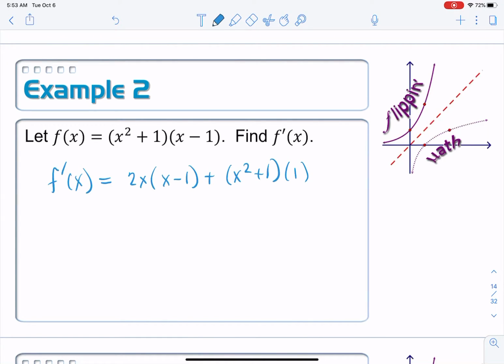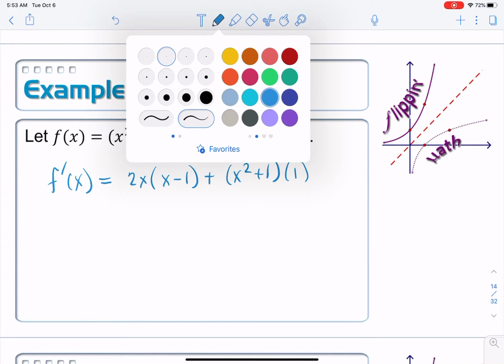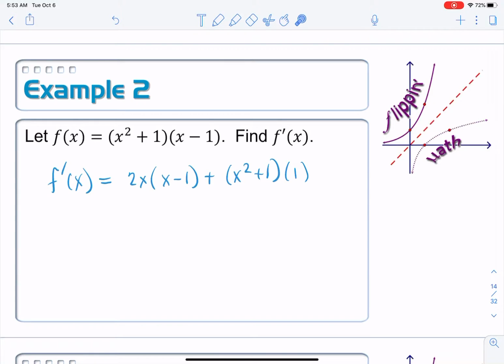There we go. And now to make this for sure match up to the one that we did earlier, let's go ahead and do some distribution. I'm going to distribute that 2x through the parentheses here. 2x squared minus 2x. And yeah, let's go ahead. Don't forget to distribute your 1 through the parentheses over here. So plus x squared plus 1.